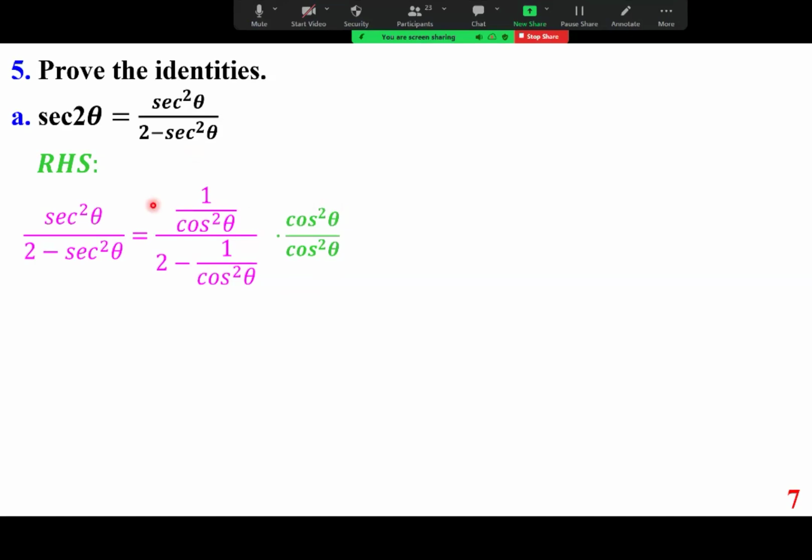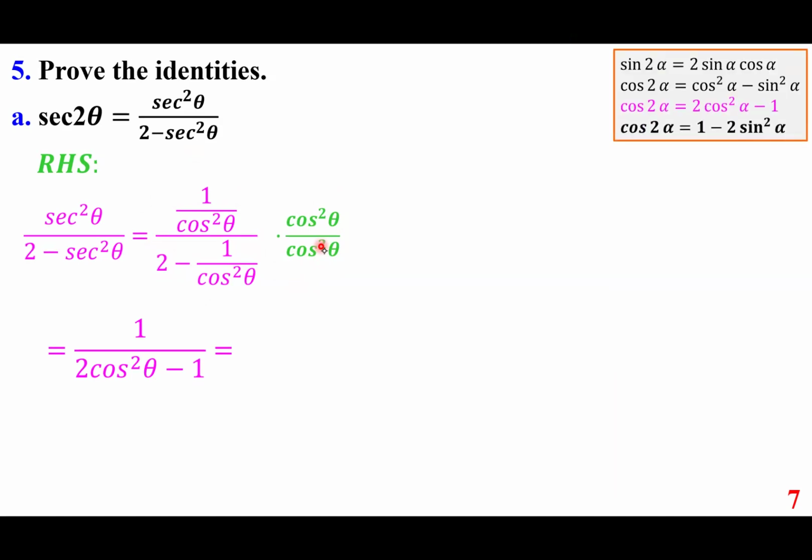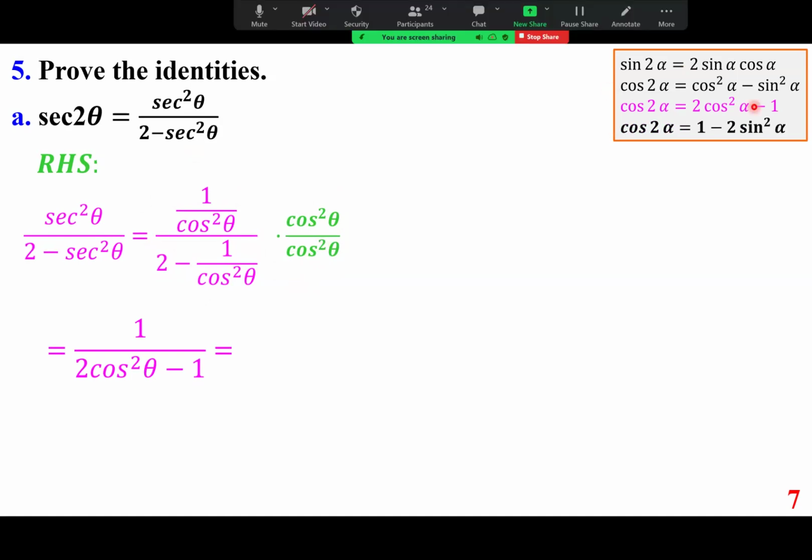So the top becomes 1. The bottom becomes 2 cosine squared minus 1. And of course, the formulas we should remember. 2 cosine squared theta minus 1 is cosine 2 theta. And 1 over that is secant 2 theta. It's one of those identities that we should know.